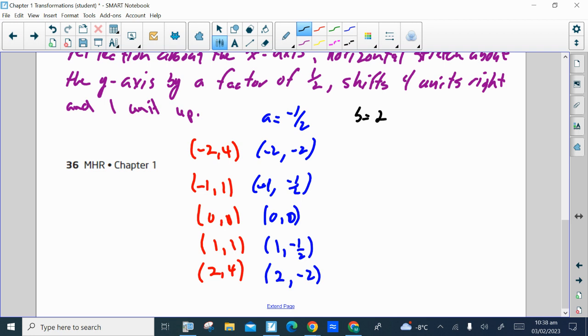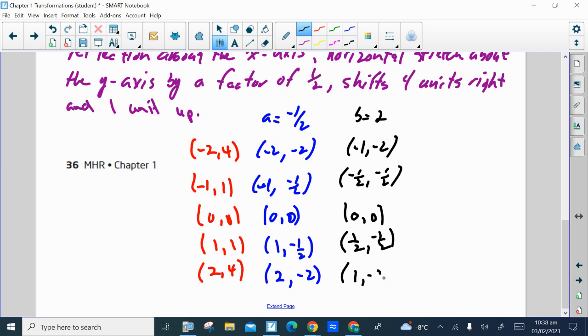So now we're going to multiply all of the x values by 1/2. So (0, 0) will be invariant for now. It's not going to stay that way, but for now it is. Multiplying all the x values by 1/2.